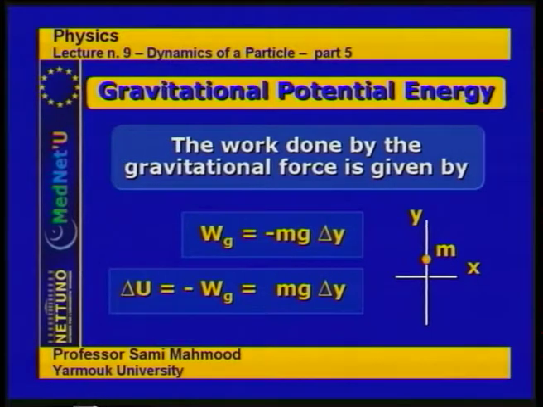So in this figure, if we consider an object of mass m that is moving under the influence of gravity, and the object moves a displacement delta y, we are concerned only with the vertical displacement. As we mentioned previously, if an object moves sideways, horizontally, the work done by gravitational force is 0.